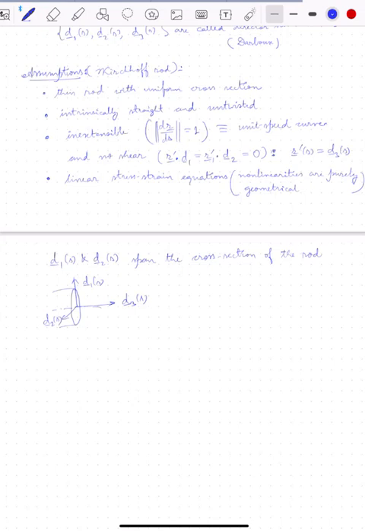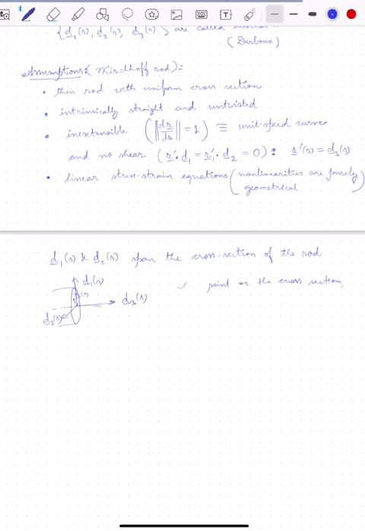Now, spanning means that any point on the cross section, say some x vector of s, can be described. The position vector of the material point on the center line, from the origin, is r vector of s.